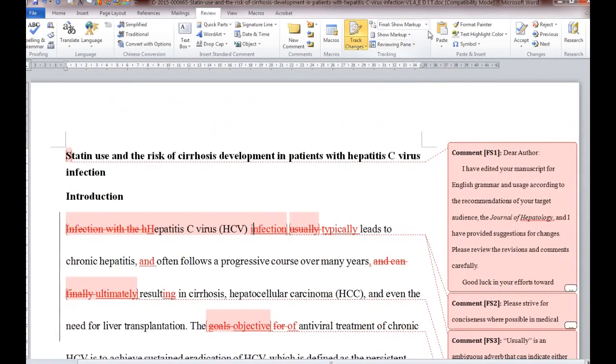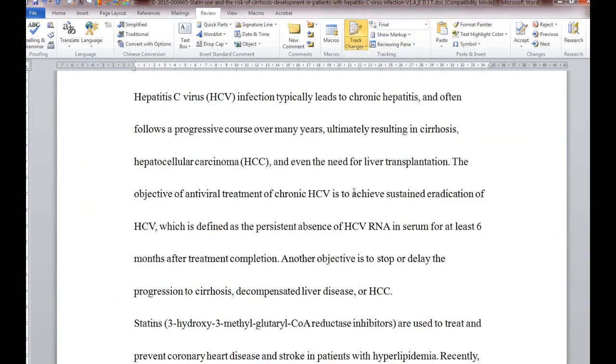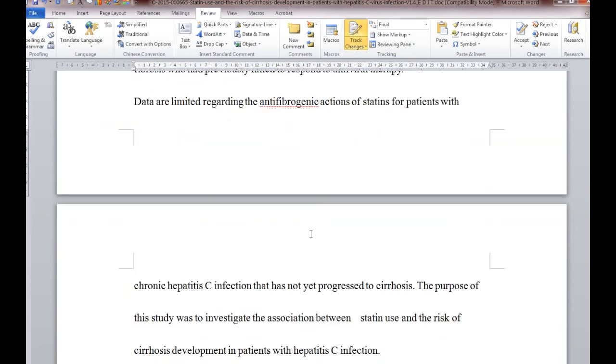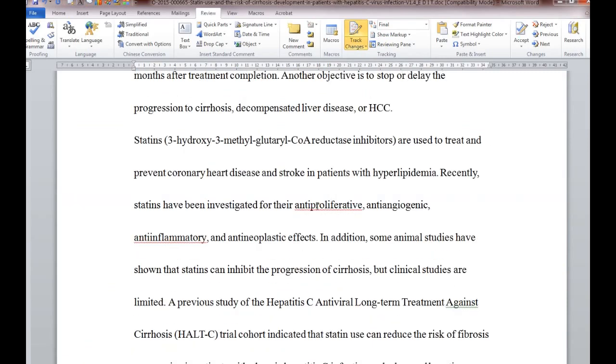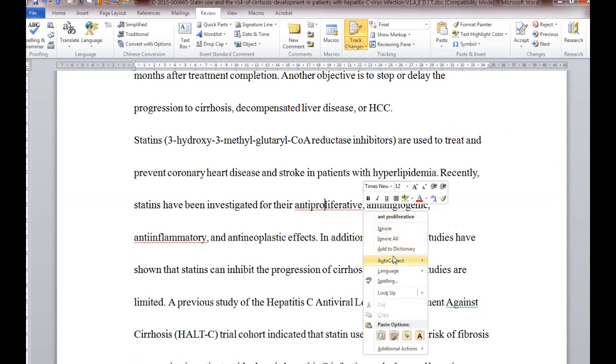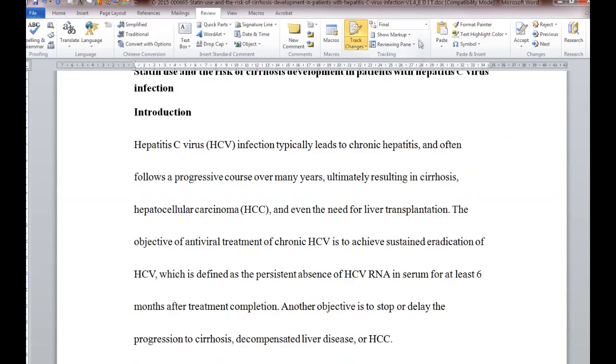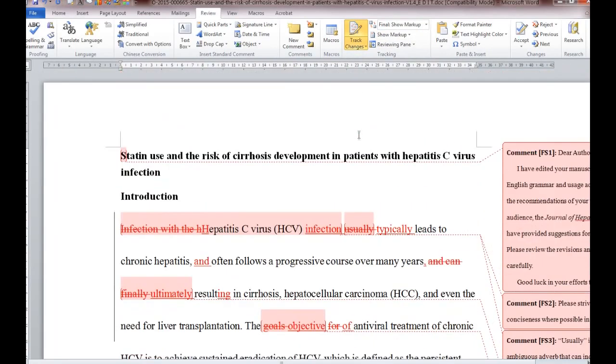Okay, I think I'm a little concerned about. I made a lot of changes to this sentence, and I want the author to understand why I did so, at least in a general sense.